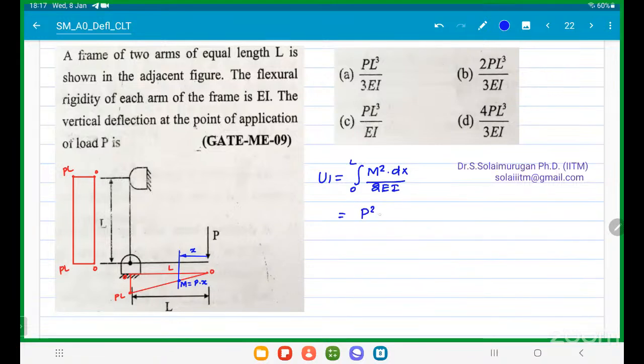So P square x square by 2EI into dx, limit 0 to L. Integrate it: P square by 2EI into x cube by 3, limit 0 to L. It means P square L cube by 6EI. Check it. Is there any mistake?